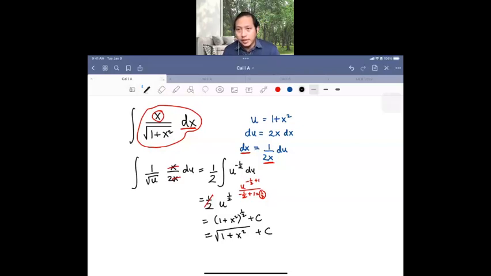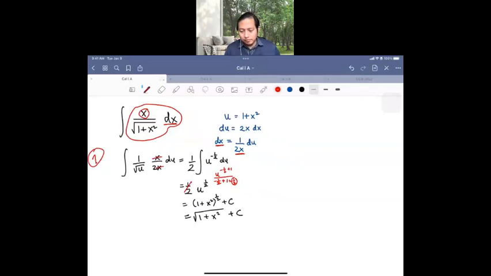That's the main idea. If not, then you will have two variables inside one integration, and it's not going to have any conclusions if you have two variables inside the one integration. So this is the first possible method.